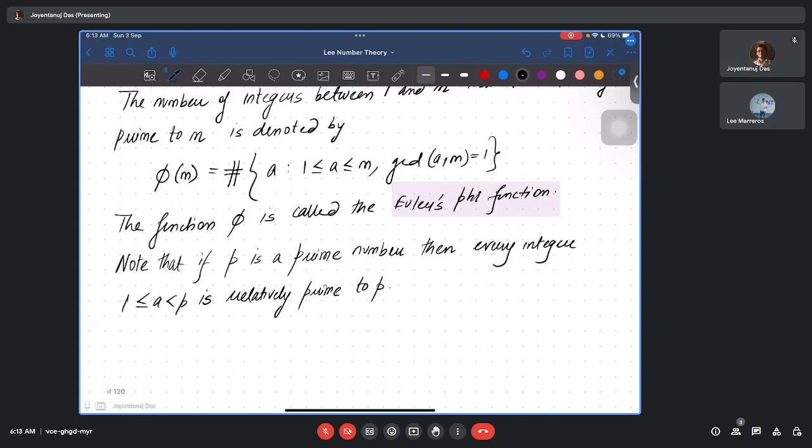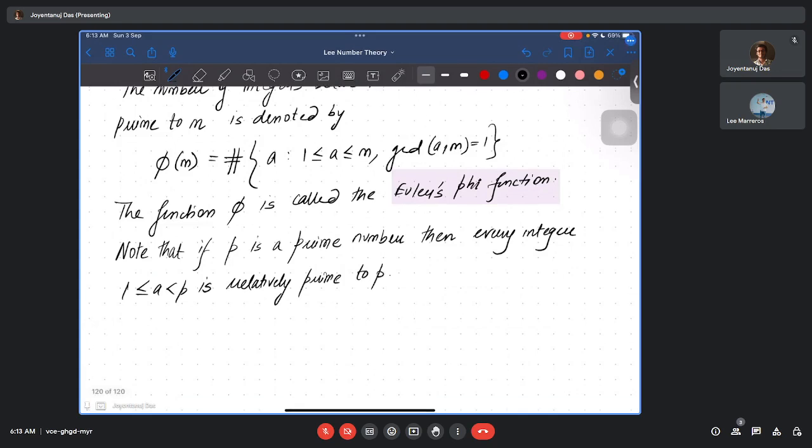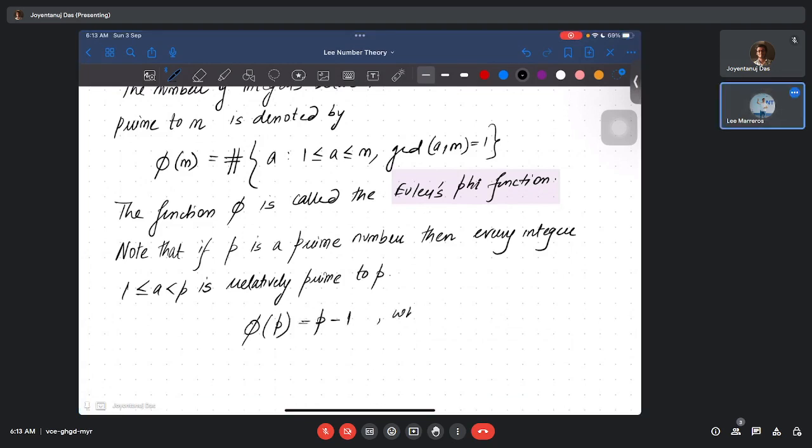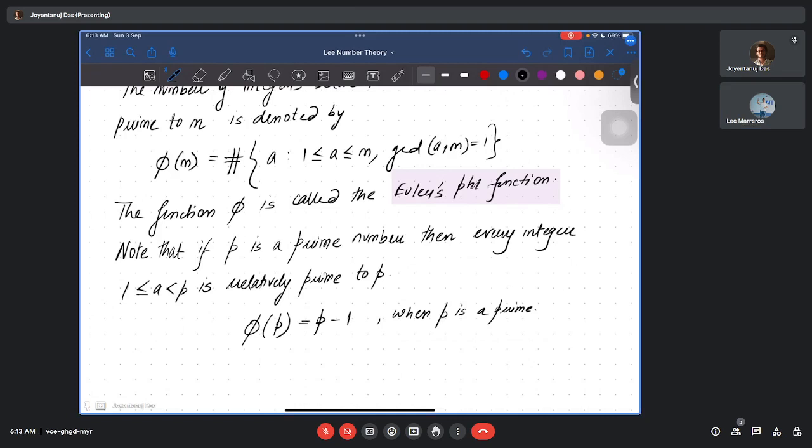So phi of p, whenever p is a prime, is p minus 1. Only when p is a prime. Other than that, we don't know. When p is a prime, I can say that phi of p is p minus 1.